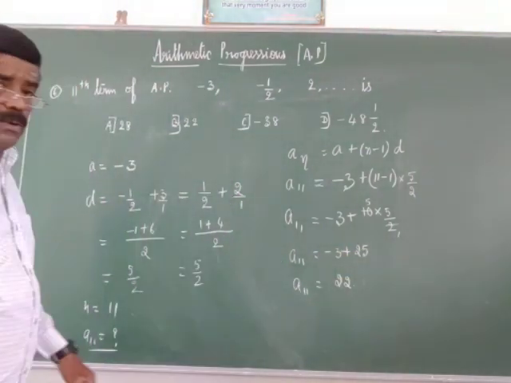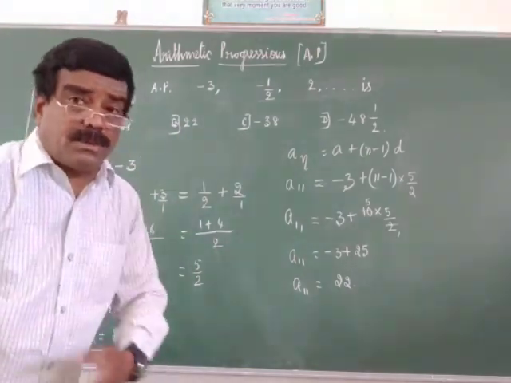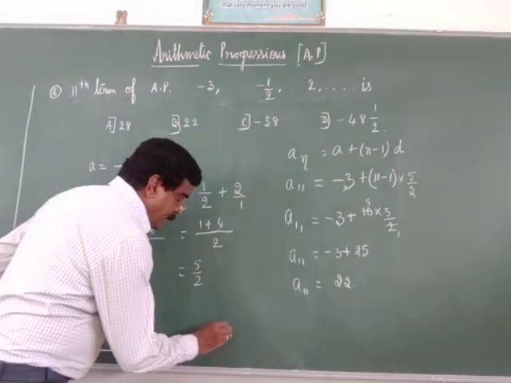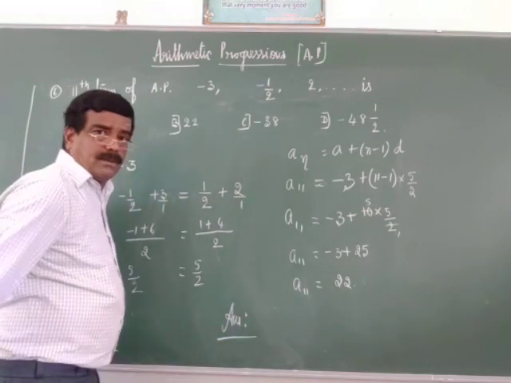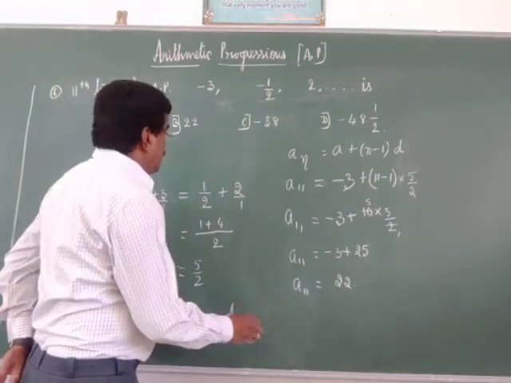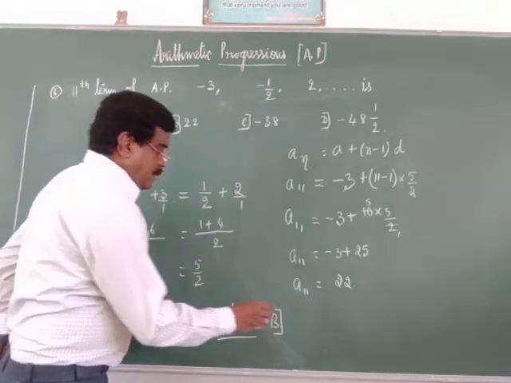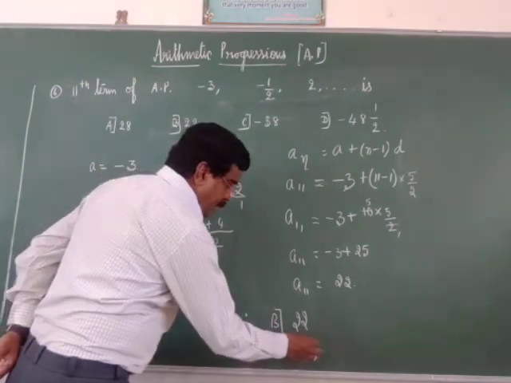So where is 22 in the options? We have it in B. So how to write this multiple choice answer in the CBSE examination? Please write like this, children. Answer: option B, and write 22 and please underline it 2 times like this.